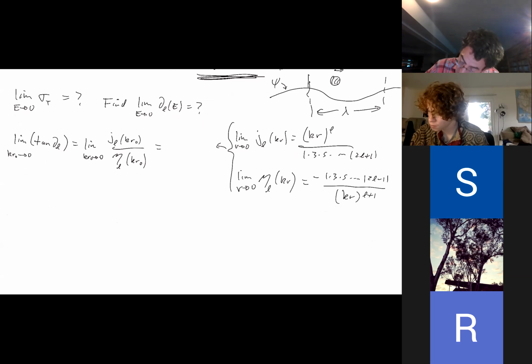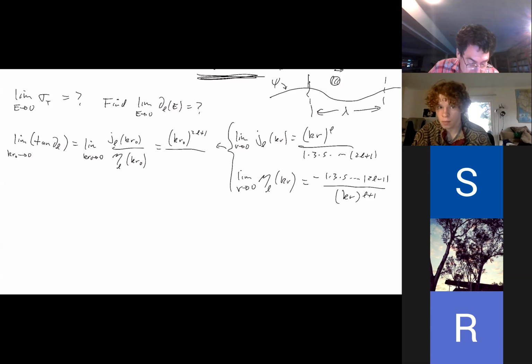And I'm going to get (K R naught) to the 2L plus 1 divided by minus 1 times 3 times 5 times ... 2L plus 1 times 1 times 3 times 5 ... absolute magnitude of 2L minus 1. So that's what we get.